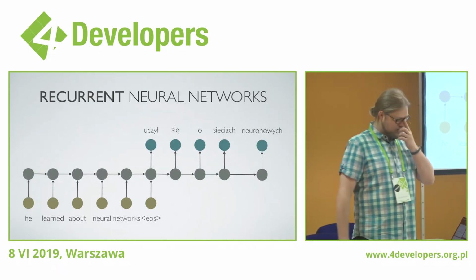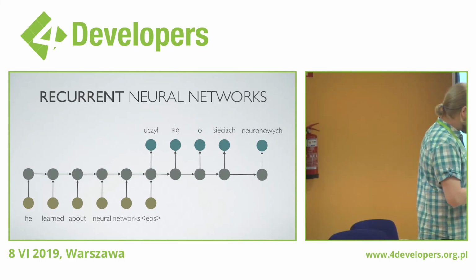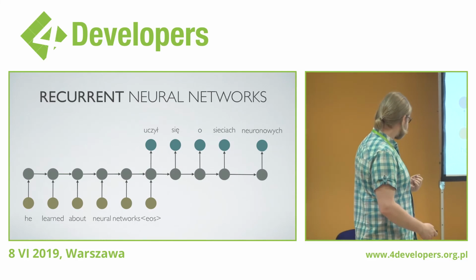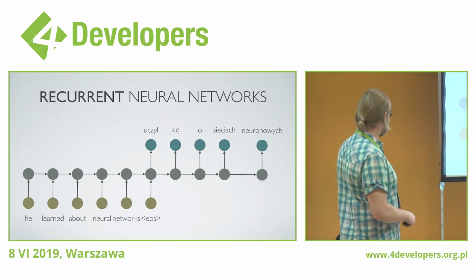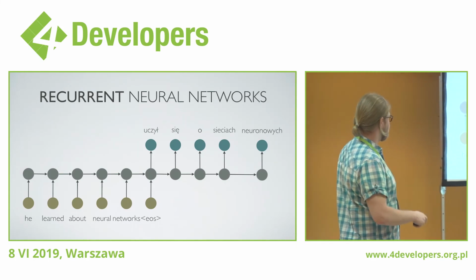Another quite useful application of RNNs, and I'm sure you've used it yourselves, is machine translation. This is actually very interesting because you have two parts of the network, an encoder network and a decoder network.